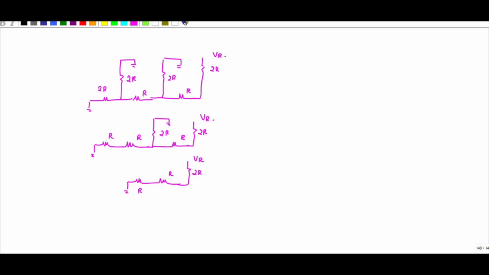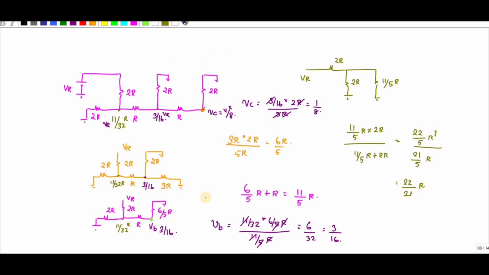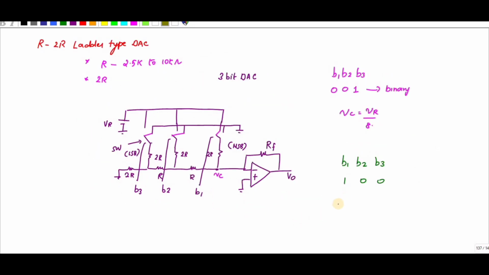So finally, I need to find the point here, that is VC. So what is VC now? VC is equal to 2R into VR divided by 4R. You will get VR by 2. Okay. So this point VC value is now VR by 2. So what is happening here?